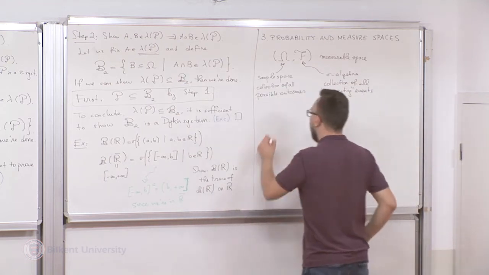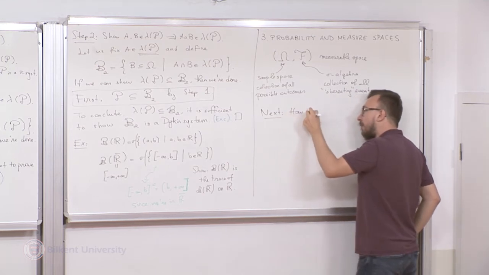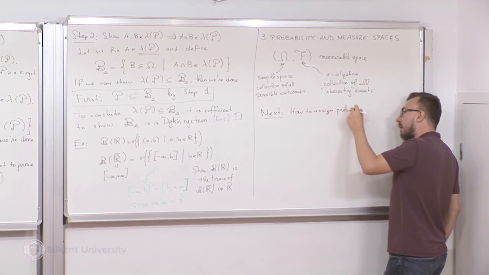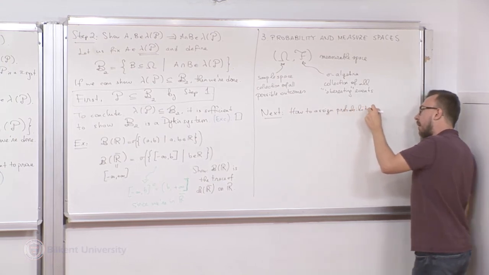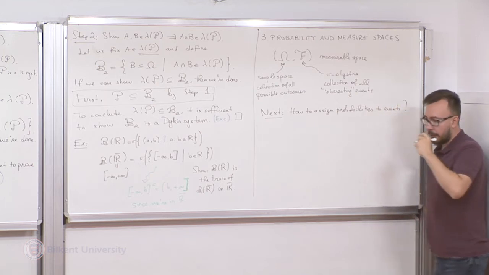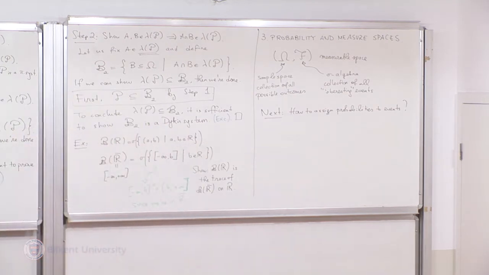So the next is how to assign probabilities to events. So now we can discuss this question mathematically, because assigning numbers, assigning probabilities to events means just that we have to define a function on the set of events.